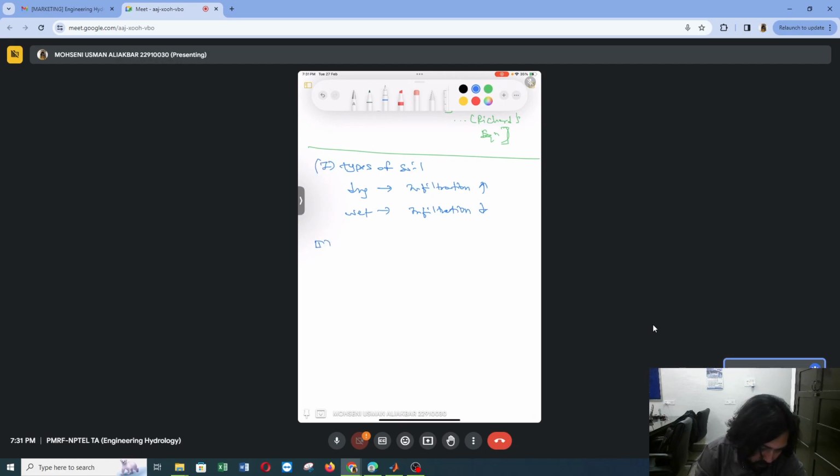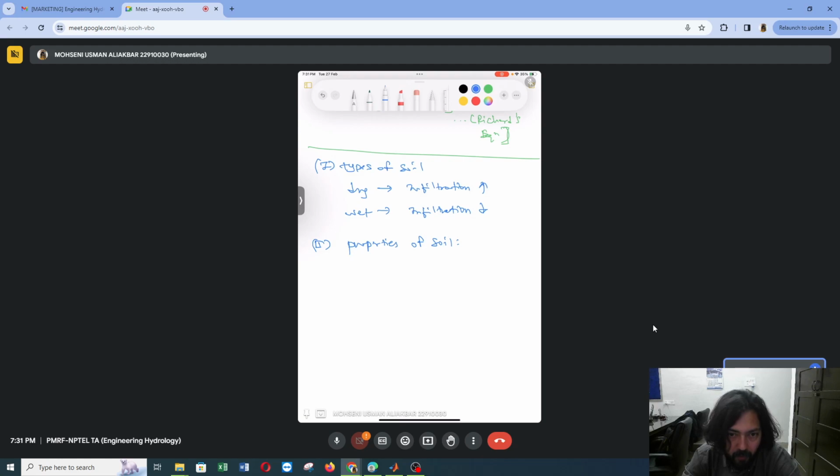The second factor was the property of soil. Depending upon the property of soil also, the infiltration will be affected. So let us say the property of soil is porosity. You need to recall the definition of porosity here.